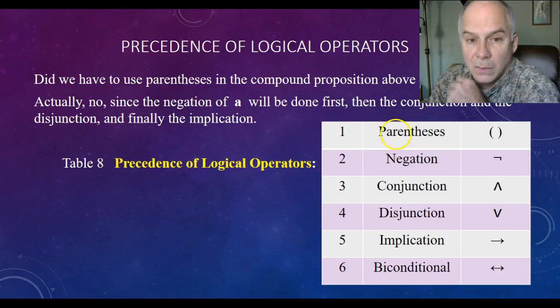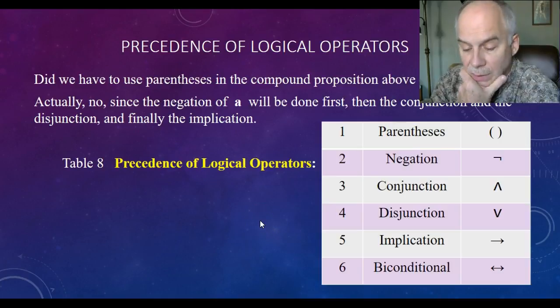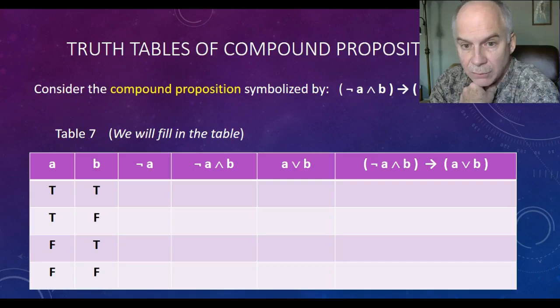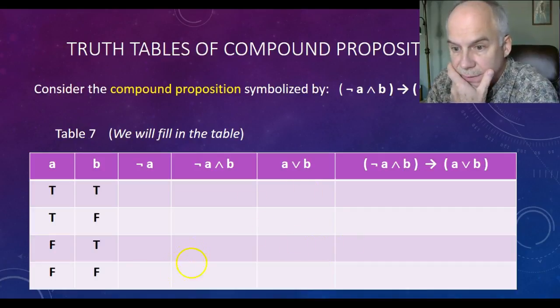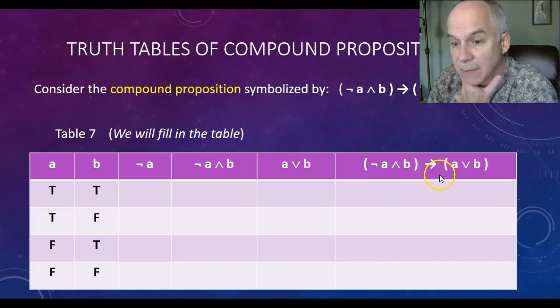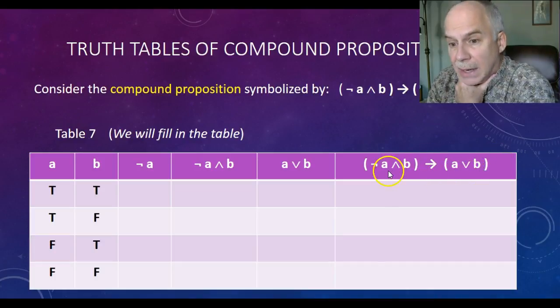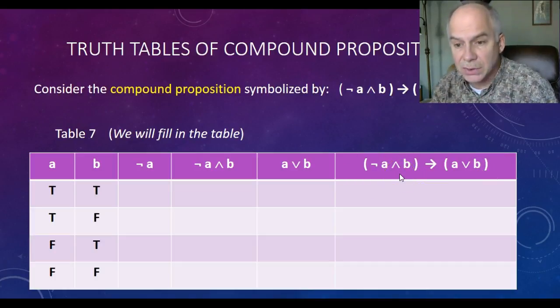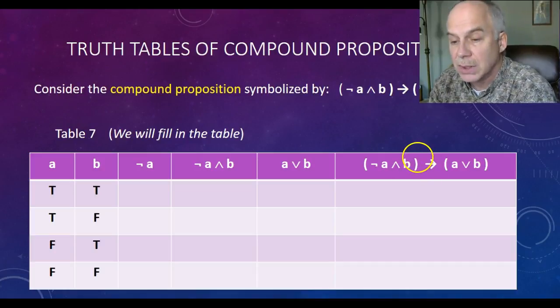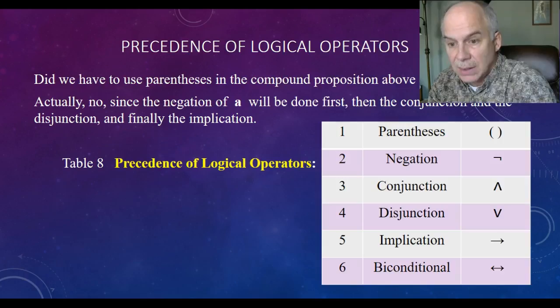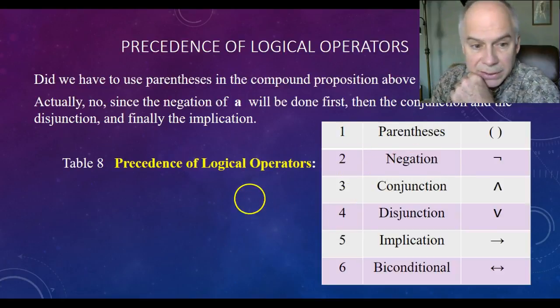Okay, then you might have wondered, in our last slide we had a real complicated expression, this expression that you see at the end, the last column of the table. Why did we have to have parentheses there? Is there like an order of operations for logical symbols? And the answer is yes. There is an order of operations.